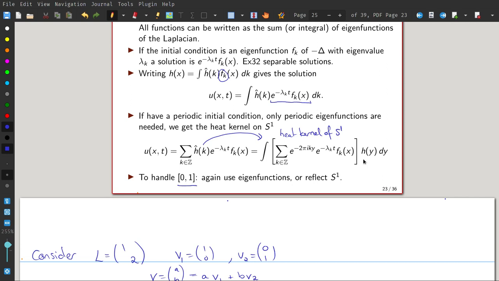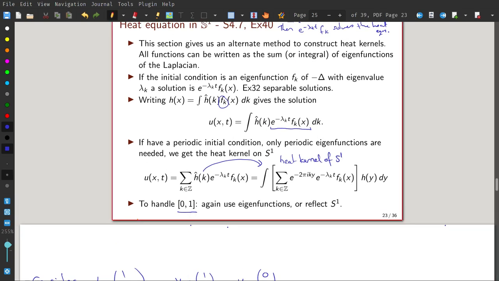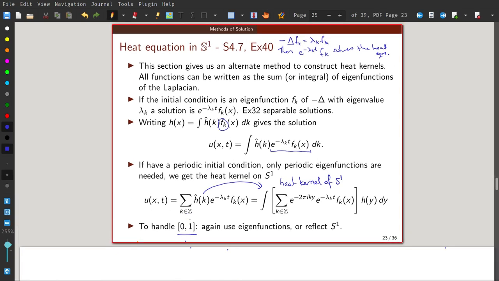And then to handle [0, 1], you have two approaches. The approach in the script is to do the same thing, but to consider eigenfunctions on [0, 1], for instance like this, obeying some conditions, and go through the same sort of working, but it's not quite as nice.